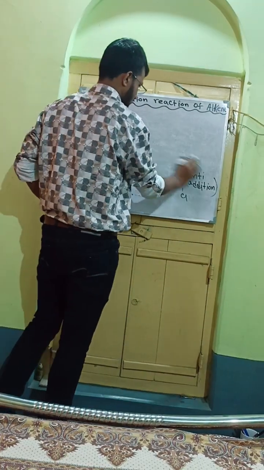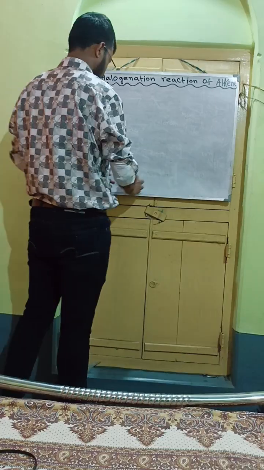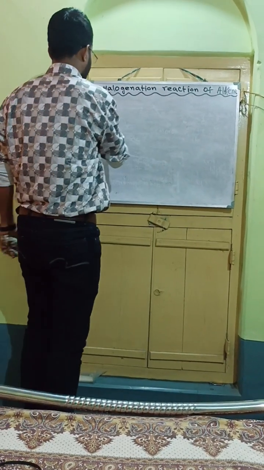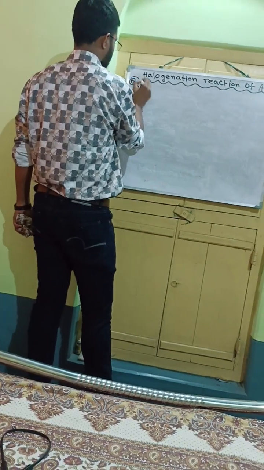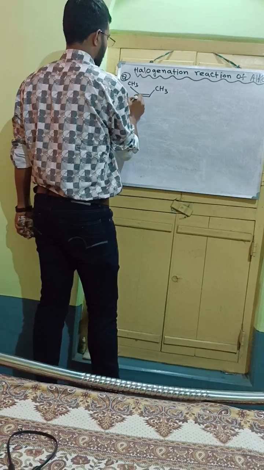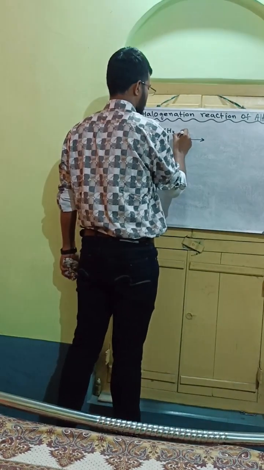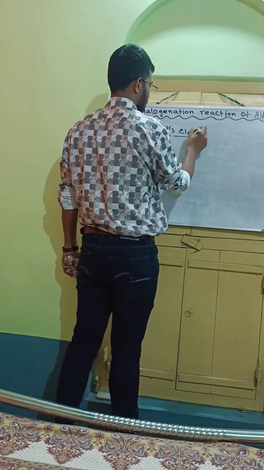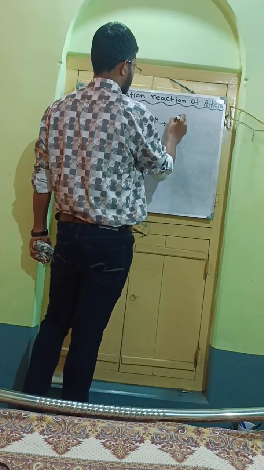that is, question: CH3 double bond CH3, hydrogen here, Cl2 CCl4, which type of product?